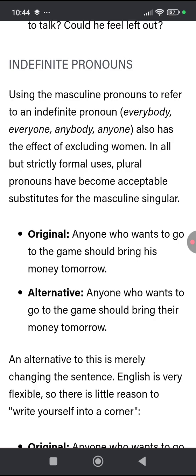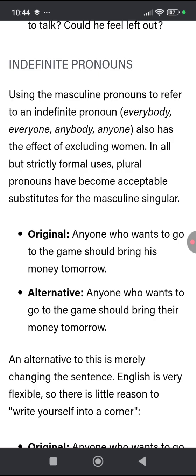So, how do we take care of this? In all but strictly formal uses, plural pronouns have become acceptable substitutes for the masculine singular. So, let's look at the examples. Original, anyone who wants to go to the game should bring his money tomorrow. So, the word his refers to anyone. So, how do we include women?